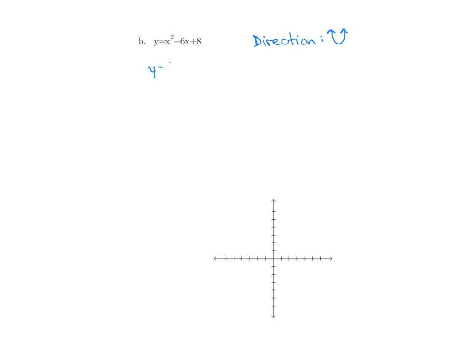If we do this, we get y equals 0 squared minus 6 times 0 plus 8. My first two terms equal 0, and so what I have is y equals 8. So my y-intercept in point form is (0, 8).